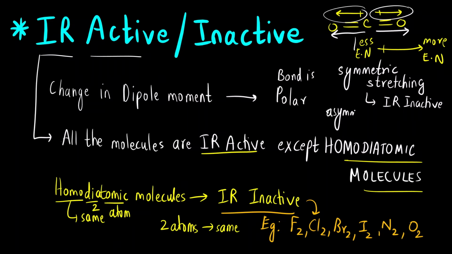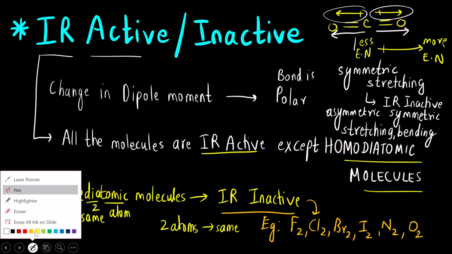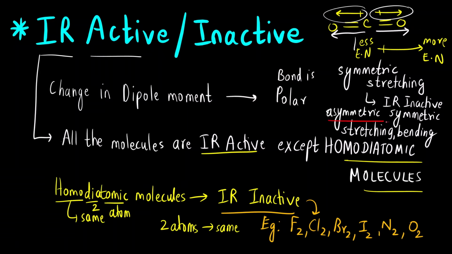Asymmetric or anti-symmetric stretching, and there will be some bending modes as well. So the bending modes and anti-symmetric stretching are IR active modes of vibration.